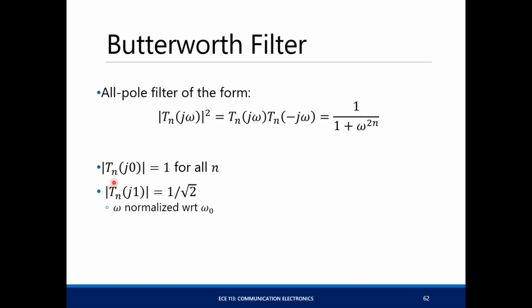Where, if the filter is passive, at omega equal to 0 the filter has a response equal to 1 for any order n. For some omega sub 0, if we normalize the spectrum to omega sub 0, then if omega is 1, the response of the filter is 1 over square root of 2, or it's basically the 3 dB frequency of our Butterworth filter.